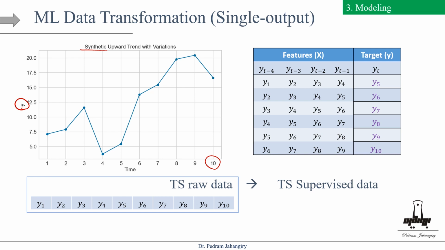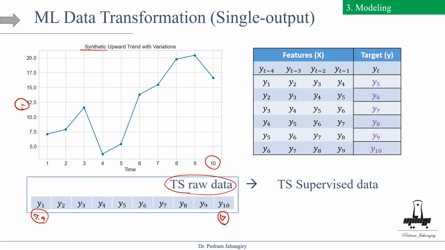This is the data set that you have, the raw time series data. Your raw data is something like this: y1, y2, y3, all the way to y10. In this example, your y1 is 7.4, and your y10 is 16 point something, maybe 17, right? So you simply have 10 numbers.